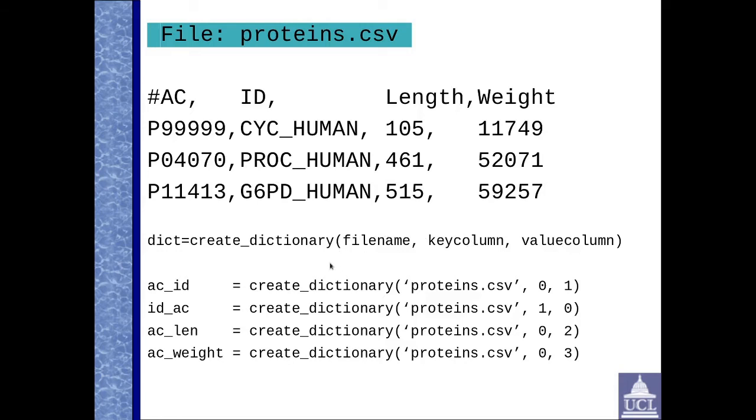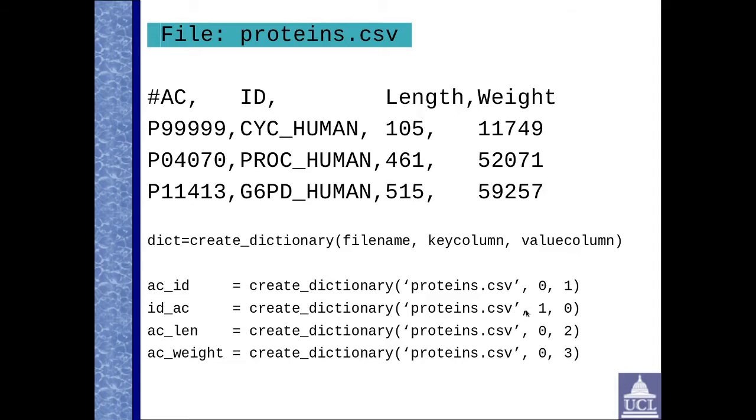So using this function, if we've created a function called createDictionary, we'd pass it the file name, and if we passed it column 0 as the key and column 1 as the value, that would give us a mapping from the accession code to the identifier.